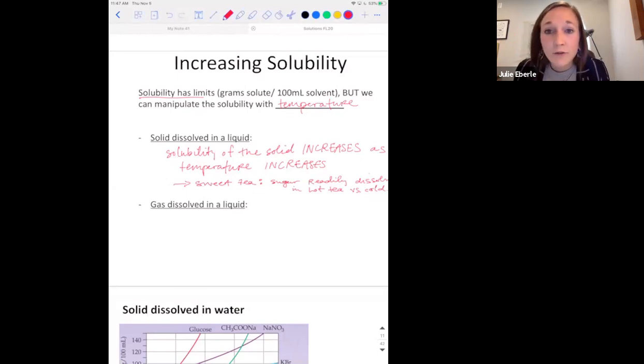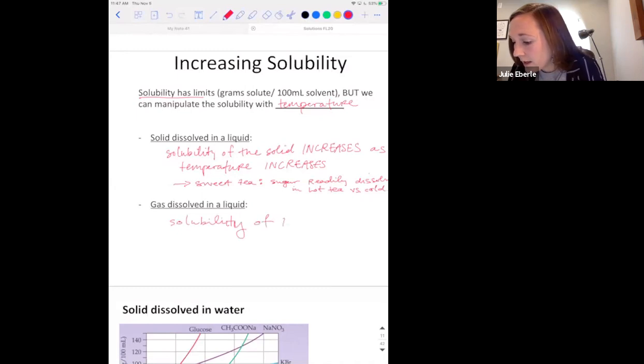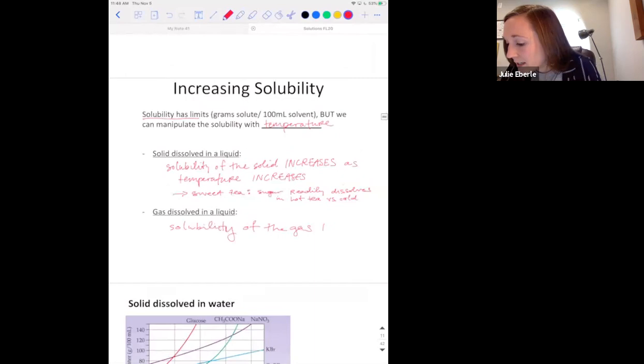So with a gas dissolved in a liquid, it's backwards. Solubility of the gas decreases as temperature increases.